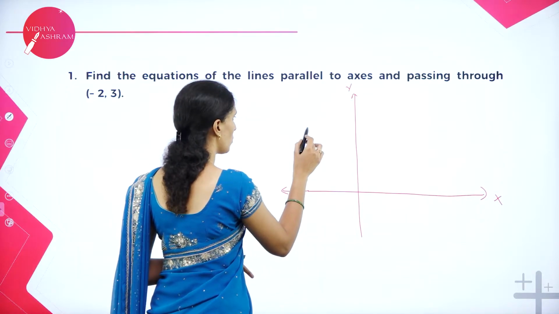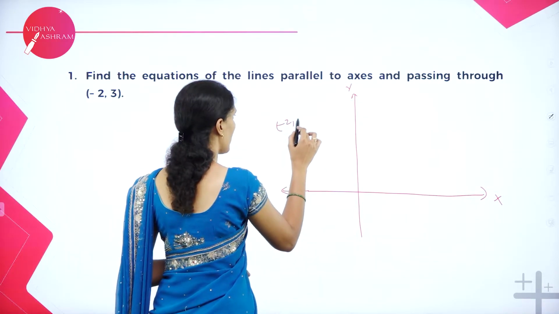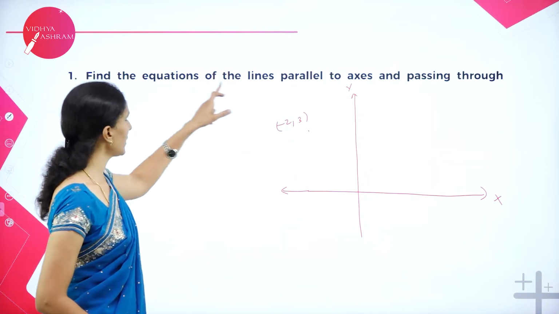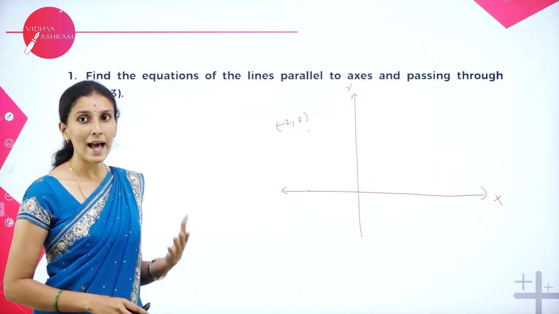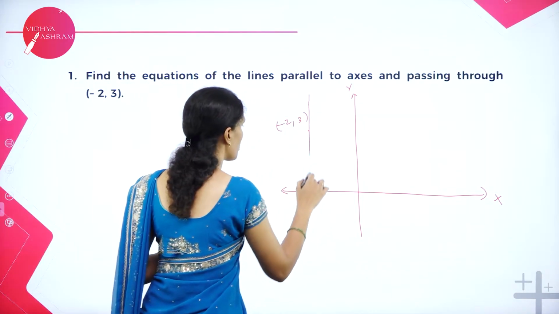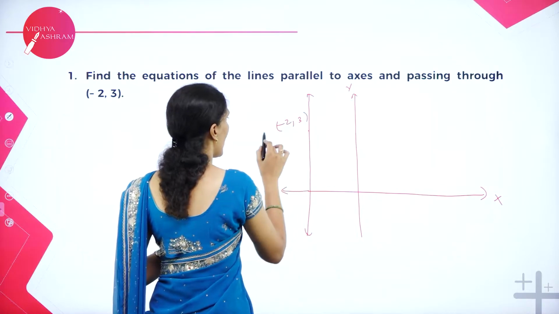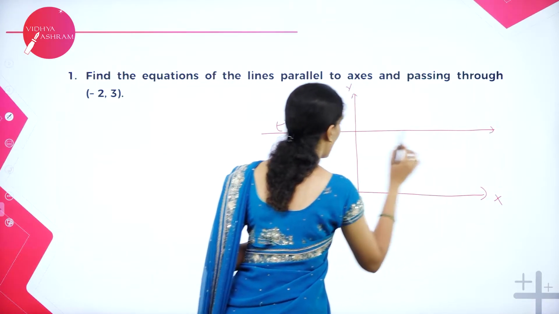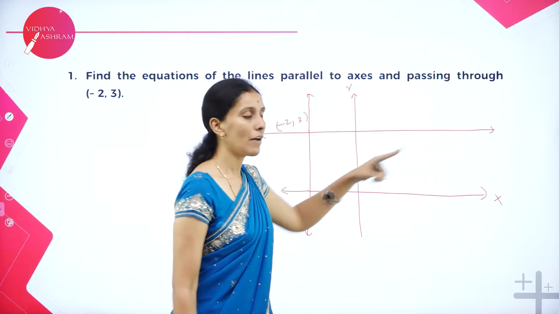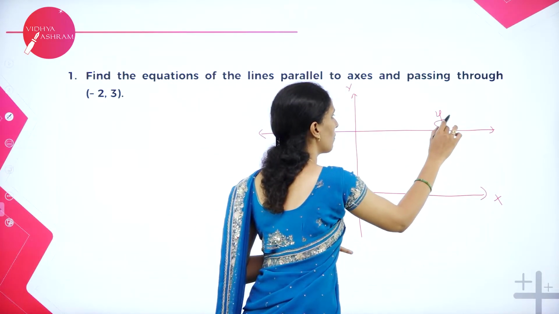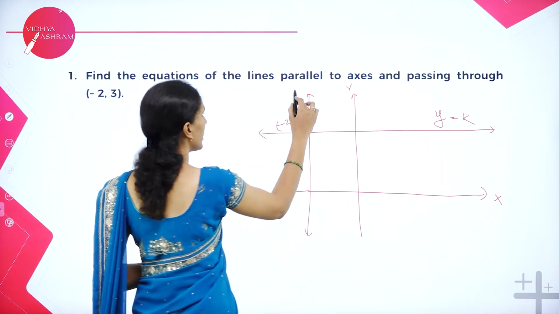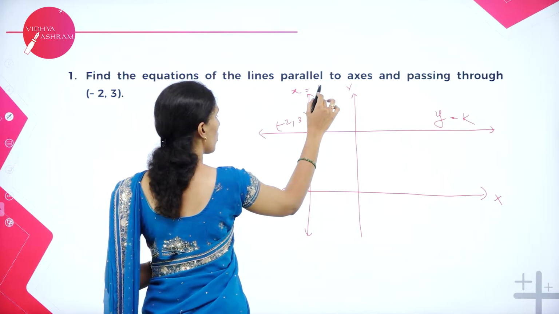If this is the point, we are supposed to find the equation of line parallel to the axis. So one is this line which is parallel to the y-axis, and another one is parallel to the x-axis. All the horizontal lines have an equation y is equal to some constant, and all the vertical lines have the equation x is equal to some constant.